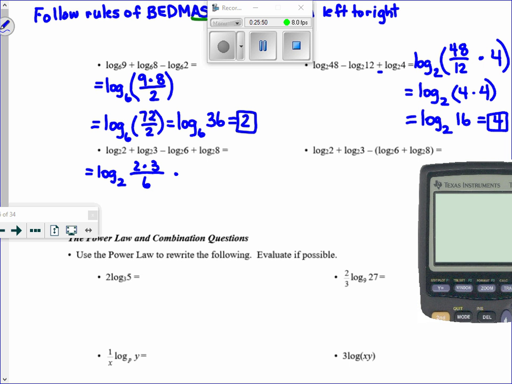And then I'm going to be times by 8, yes. Okay, so log in base 2 of 6 divided by 6, that's 1. So this is log in base 2 of 8, which if you think about it for a minute, 2 raised to what power will give you 8? 3, right.